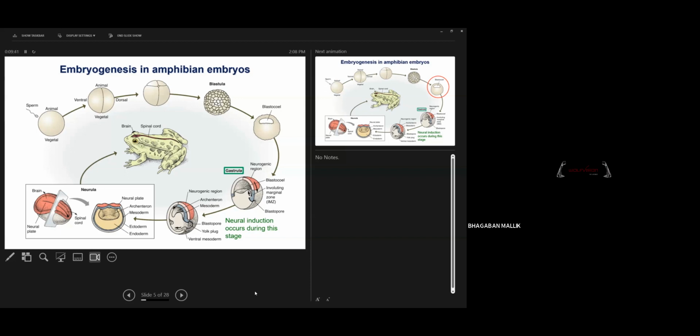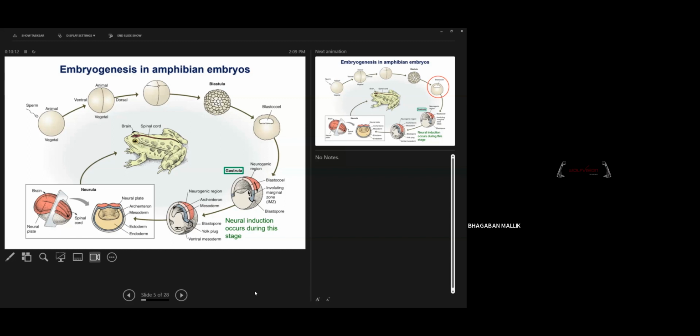So you have initiation of the neurogenic region here, which forms the neural ectoderm. The nervous system develops in the ectoderm, and those cells invaginate into the gastrula to form the mesoderm, and also you have endoderm formation, which is also represented here. You can see that it invaginates from the blastopore in the gastrula stage to form the mesoderm. Then you have the endoderm.